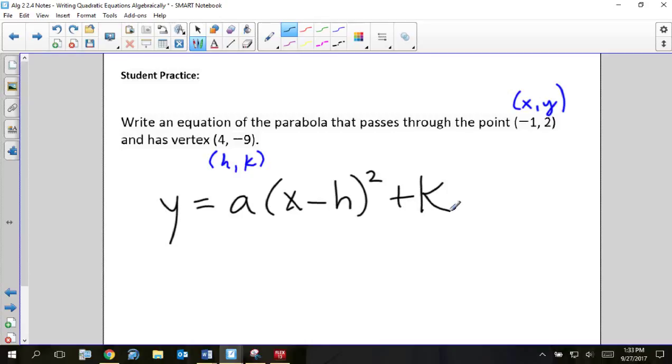There was a reflection, and there was a vertical. If there's a horizontal one, you're not going to have one. We have to solve for A. So when we're done, we will plug in the A, the H, and the K, but leave X and Y in our equation. We're done.